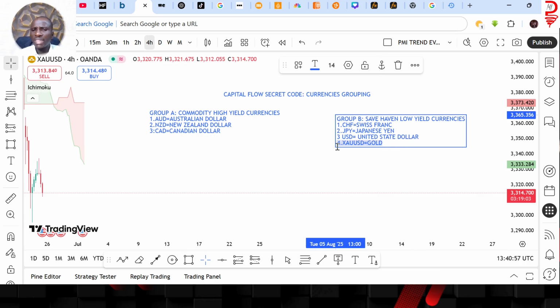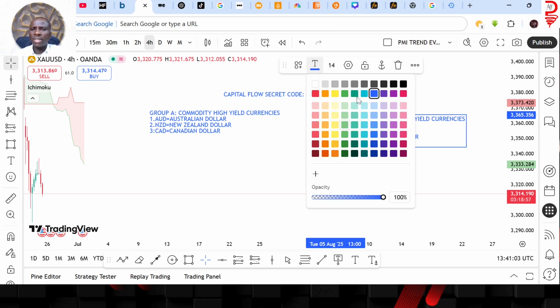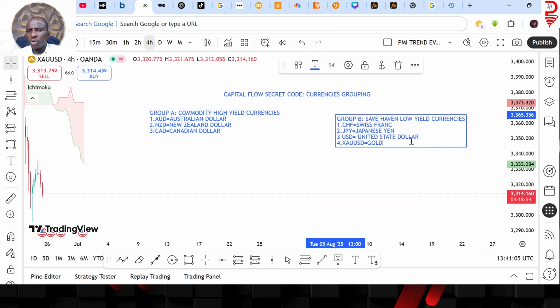Now, because we are dealing with currencies, I just want to leave out gold. It's not really our focus, but just know that gold is also a safe haven. Let me bold it. So this is a safe haven in itself. Is that okay?